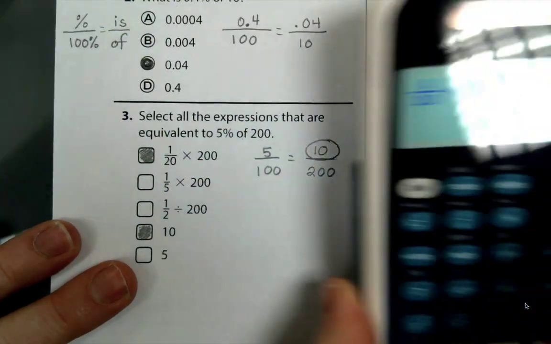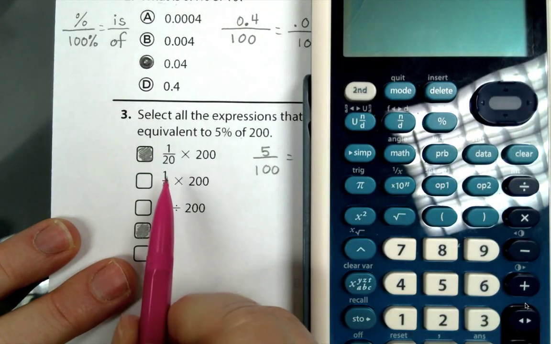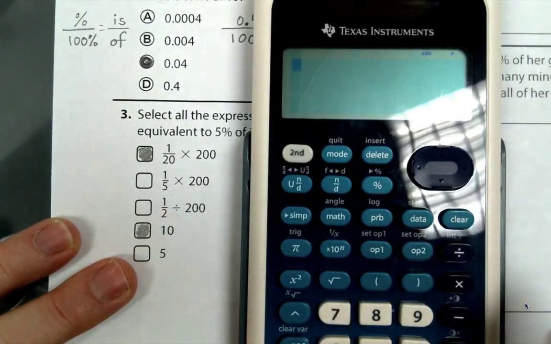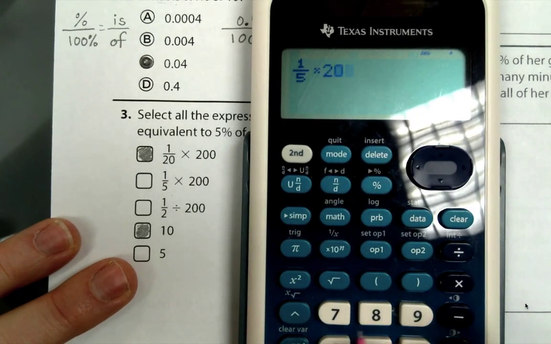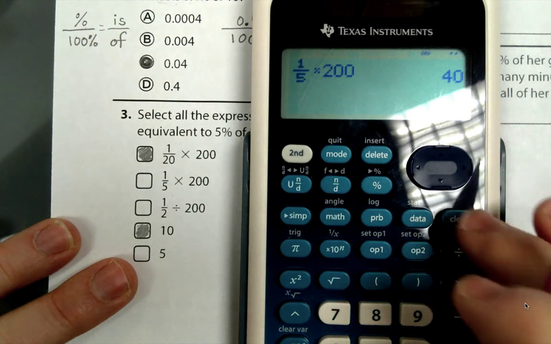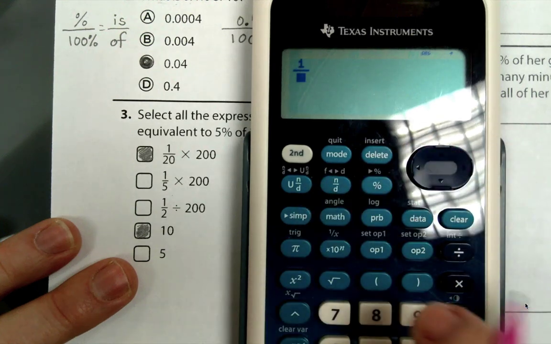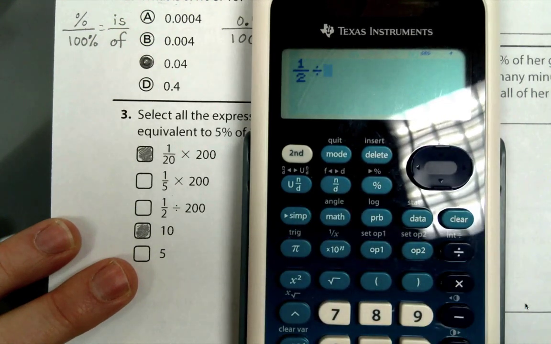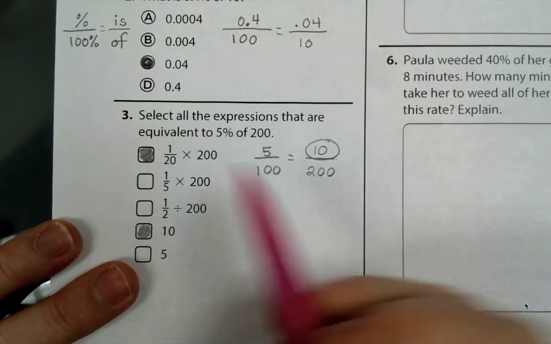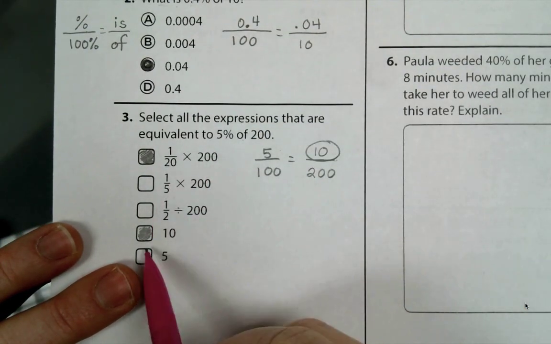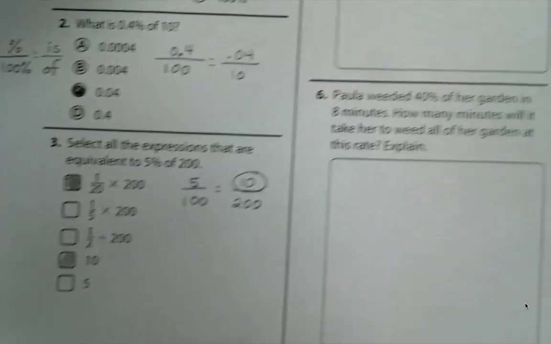So when we look at these fractions, I know 1/20th is not equivalent to 1/5, but you could always plug it in anyway. It's 40. Nope. And then we can put this in our calculator. 1/2 divided by 200 is 1/400. So none of those work. So we have 1/20th times 200 and 10 are equivalent to 5% of 200.